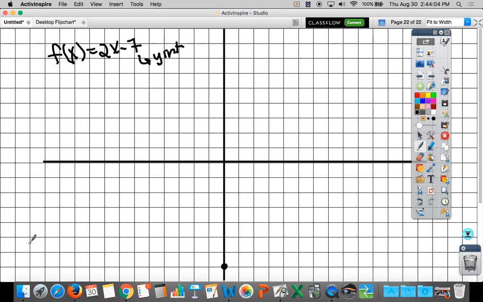It's a sketch. So what's the slope? 2 over 1, up 2 over 1, up 2 over 1. Okay, so now I'm going to try to connect those dots.